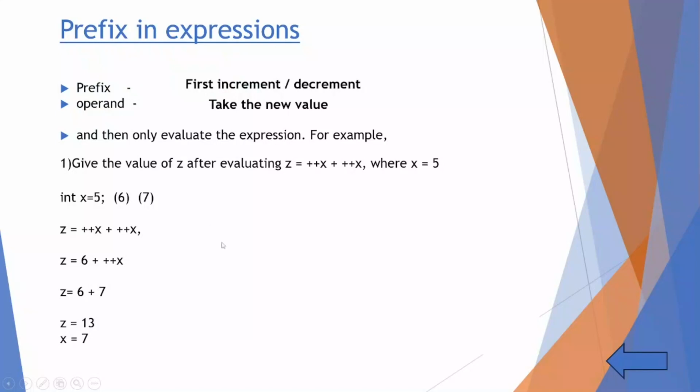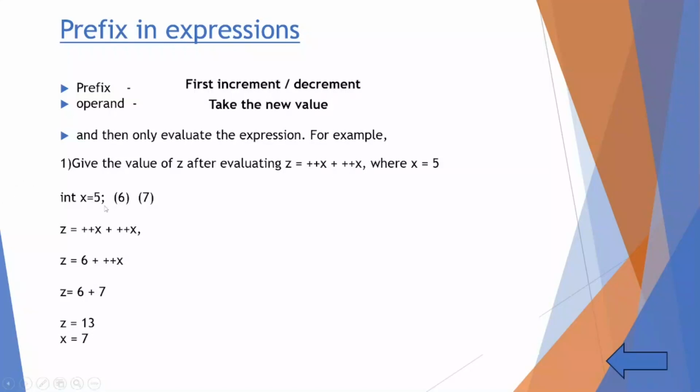Prefix means first increment or decrement the value of the operand, take the new value, and then only evaluate the expression. Let's see an example: z = ++x + ++x, where x = 5.